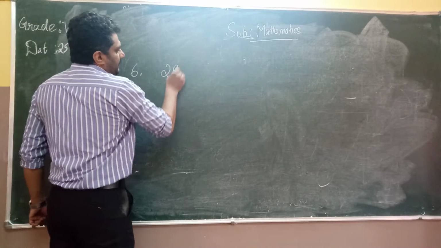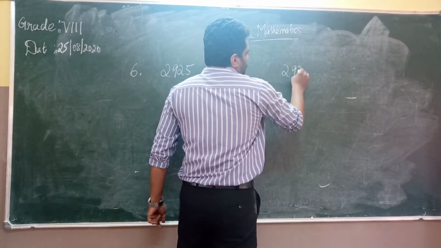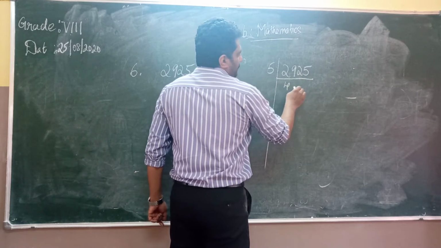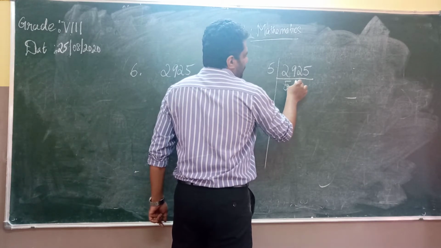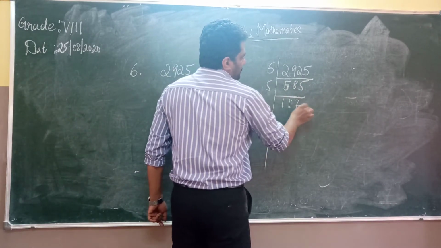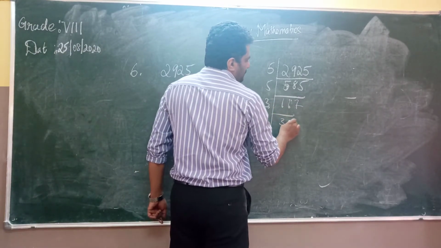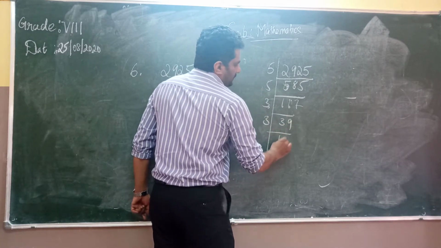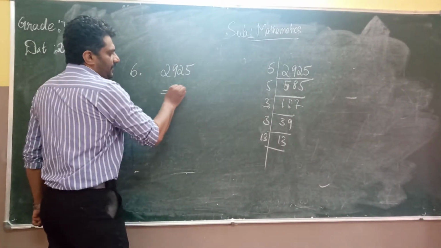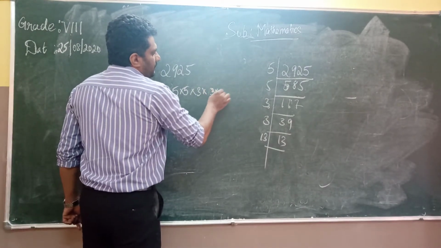Doing the prime factorization: 5 fives are 25, 3 threes are 9, 3 thirteens are 39. So write this number as 5 into 5 into 3 into 3 into 13.